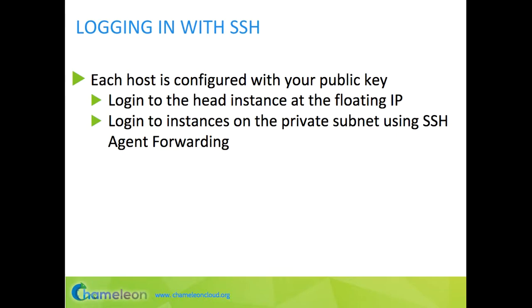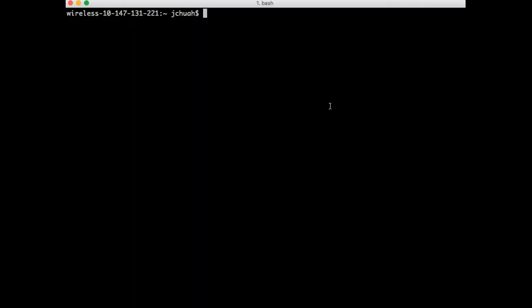Each host on your stack has been configured with your public SSH key. You may log into the head instance at the floating IP specified on the Overview page. From the head instance, you may log on to individual instances on the private subnet using SSH agent forwarding. In Unix-like environments with SSH, you may add your SSH key using ssh-add.